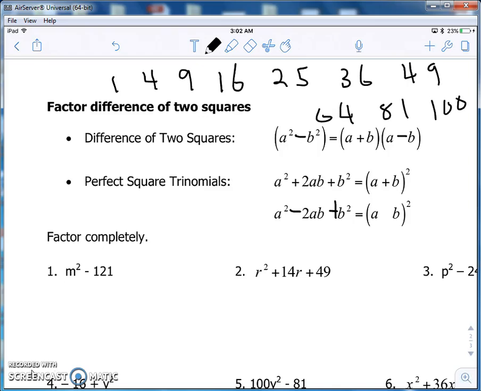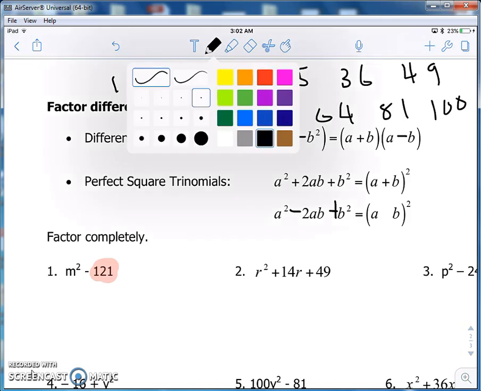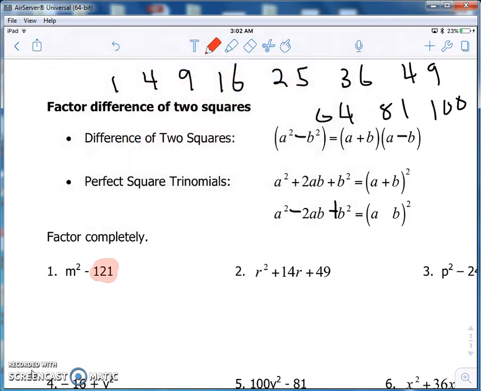There are other perfect squares, and we see that in the first example. 121 is 11 times 11. So here we have a perfect square minus a perfect square. Using that rule, we make two sets of parentheses. One plus, one minus, and the second square root is 11. M plus 11 and M minus 11.